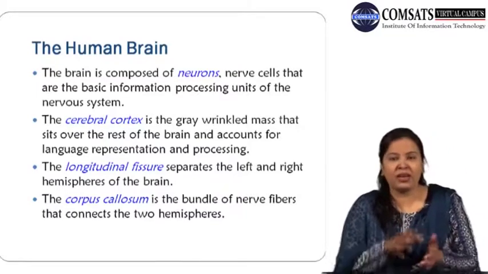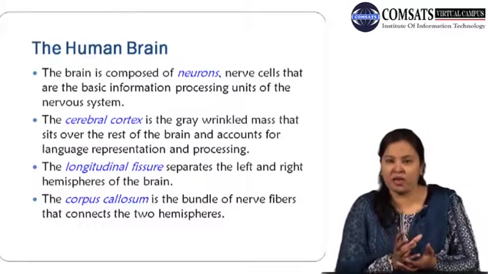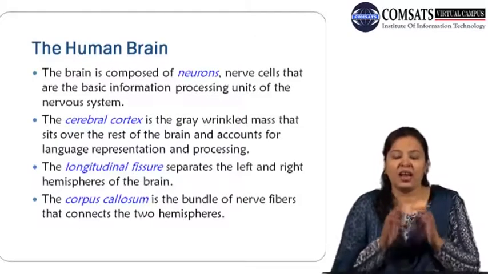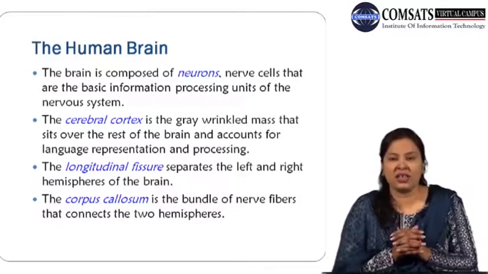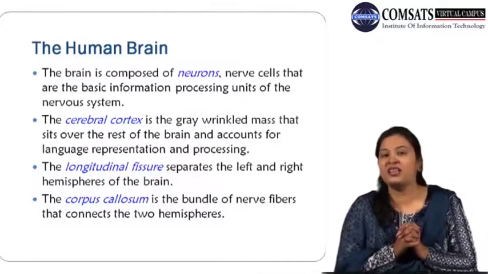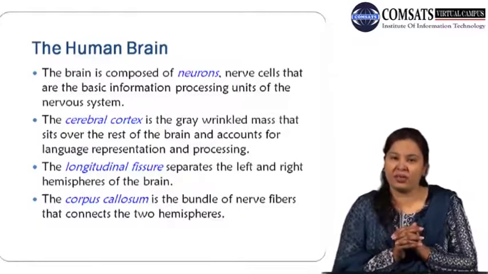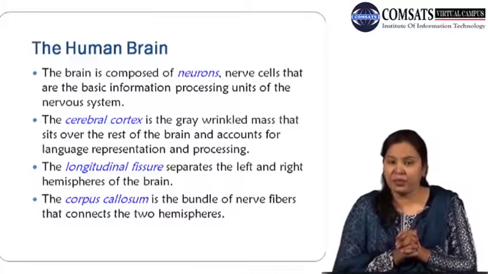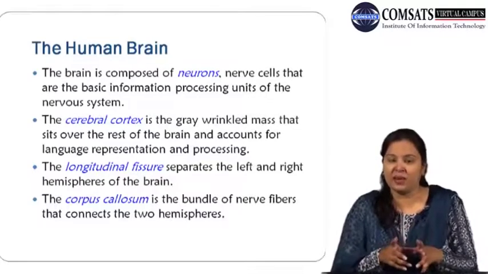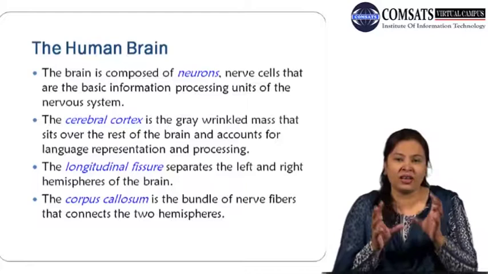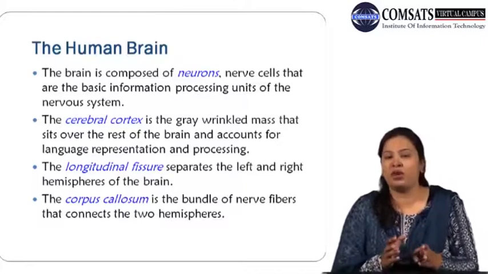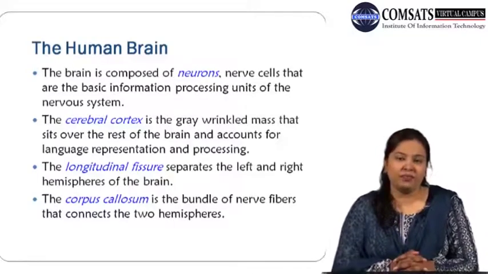The remaining part of the brain is there based on that cerebral cortex, and it accounts for language representation and processing. So this cerebral cortex is responsible for language representation and processing. We will see in the diagrams where this cerebral cortex is, because it is important with respect to language.